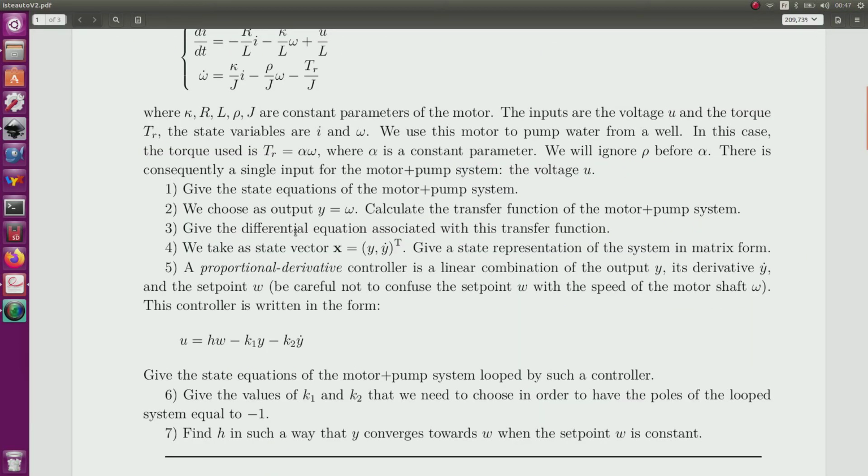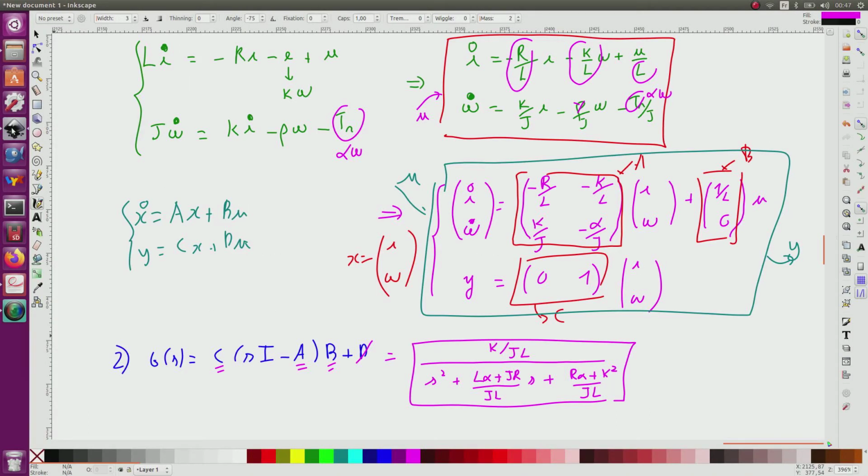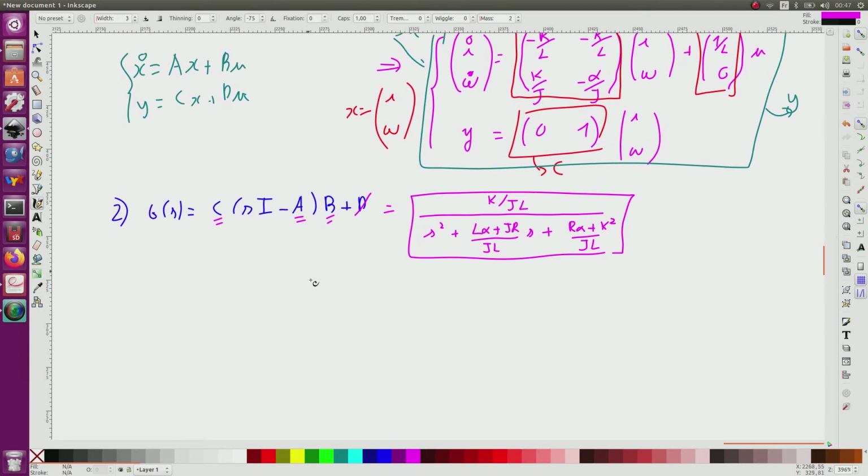Question number 3, I have now to give the differential equation associated to this transfer function. For this question, I can write G of s equal to something like b divided by s squared plus a1 s plus a0.